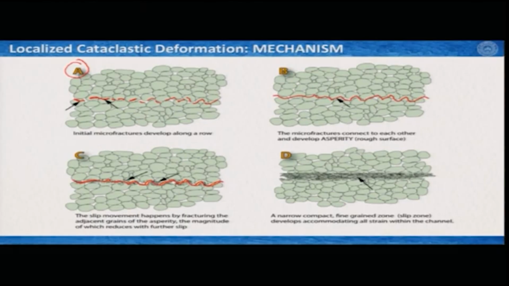You can think of deformation going on this way, and these little red lines can connect to each other, as I was saying, and produce a continuous fracture.